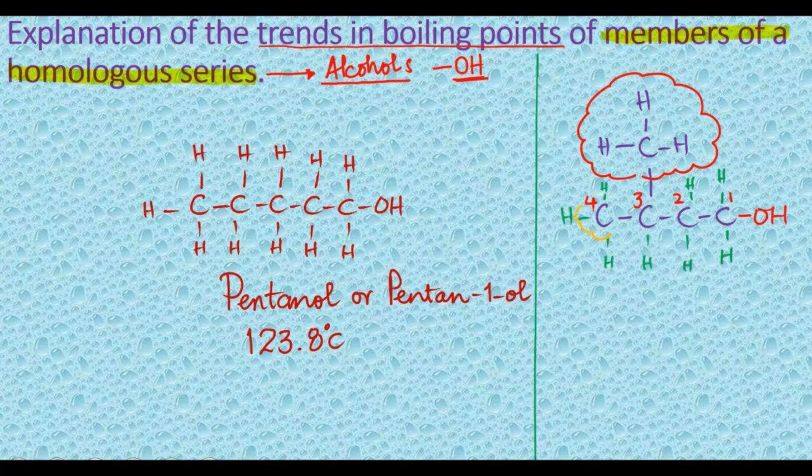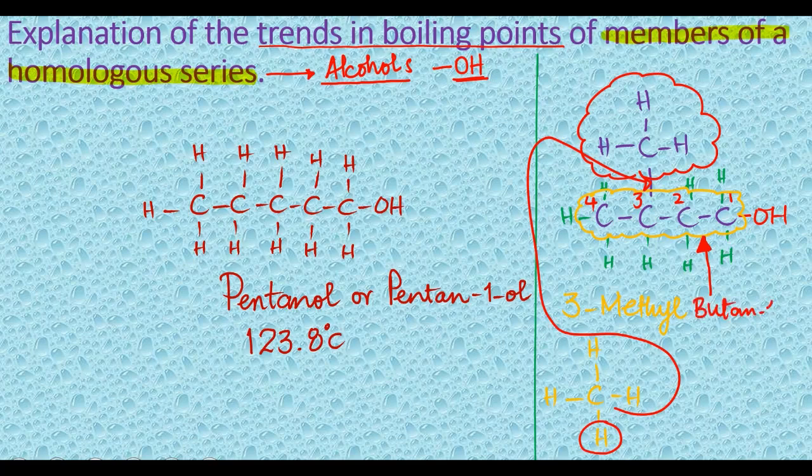In order to name this compound, first of all, select the longest possible chain. Carbon atom number 3 has a methyl attached to it. Methyl is a methane derivative, meaning CH4 is methane, which has lost one of its hydrogens and is attached to carbon atom number 3 as a branch. There are 4 carbon atoms in this stem chain, so it is butan-1-ol. The molecular formula of 3-methylbutan-1-ol is C5H11OH, which is similar to pentan-1-ol.